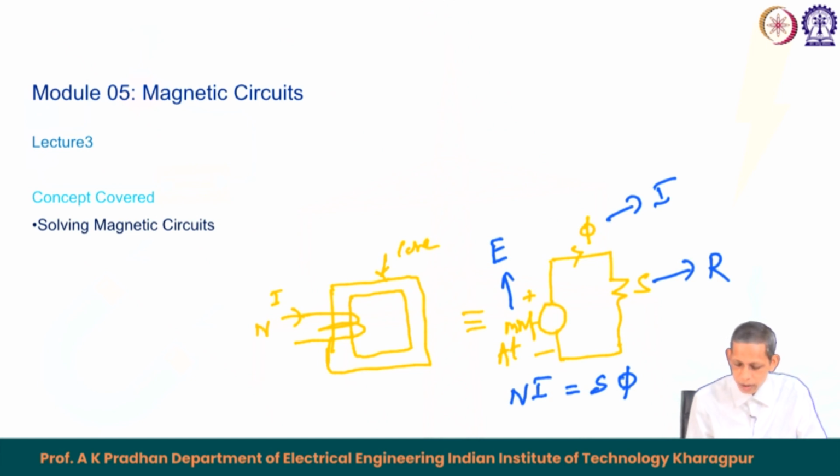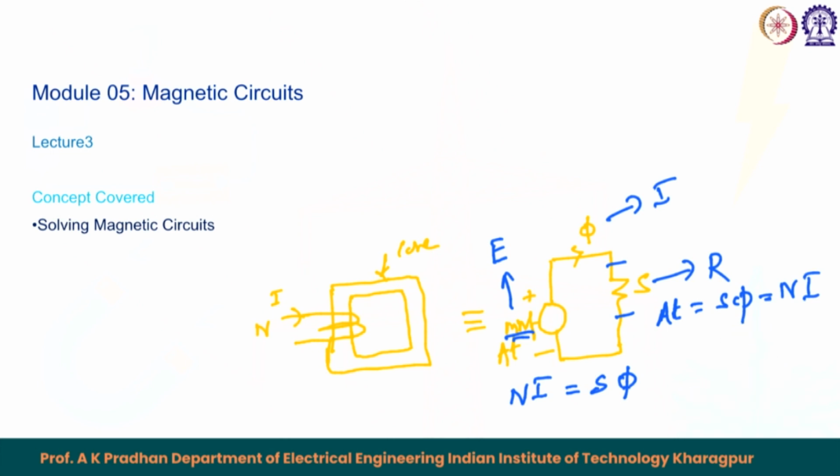Now, note that in this case the MMF drop across here we call the ampere turn drop. So, this ampere turn drop equals S into phi, and for this case that equals the corresponding MMF supplied, N into I. From this relation, given the corresponding flux phi and the mu r value for the circuit, and the length of the core, we can find out the S value.